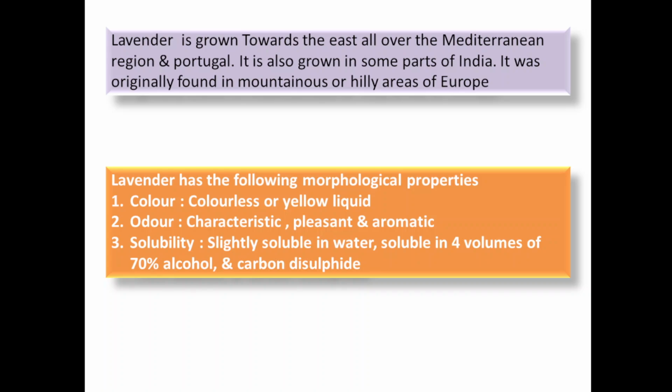Lavender has the following morphological properties: color, colorless or yellow liquid; odor, characteristic pleasant and aromatic odor; solubility, it is soluble in water and soluble in 4 volumes of 70% alcohol and carbon disulfide.